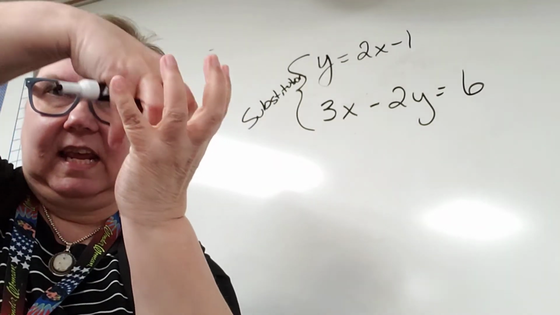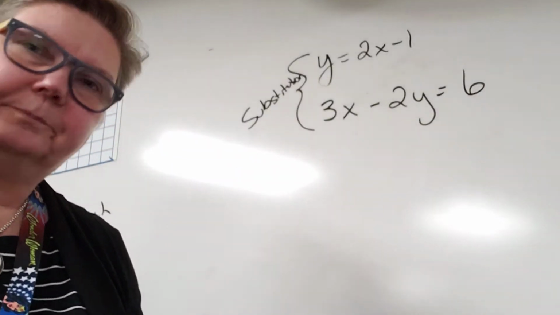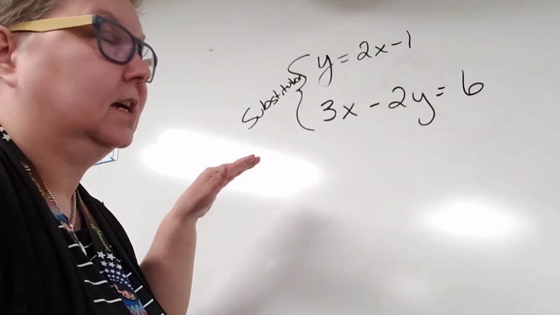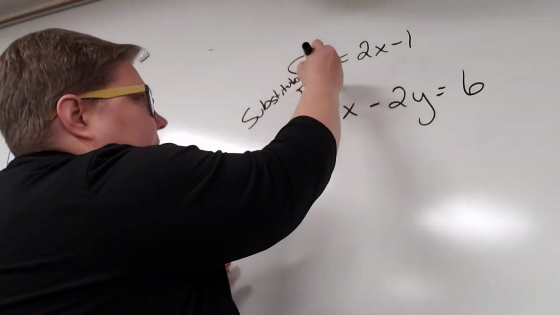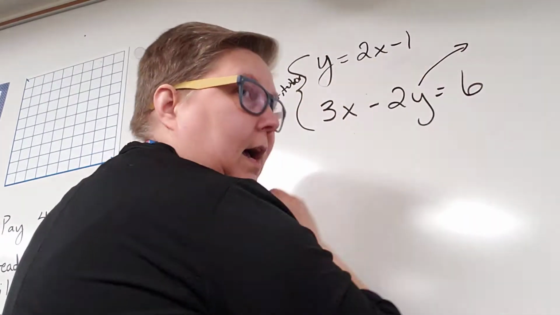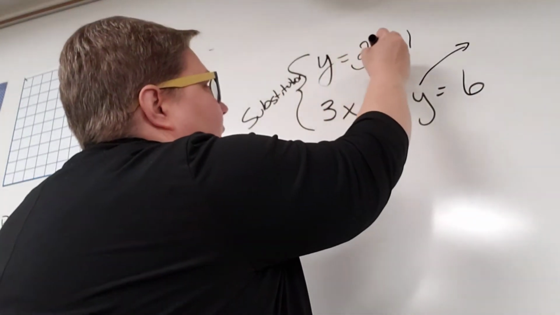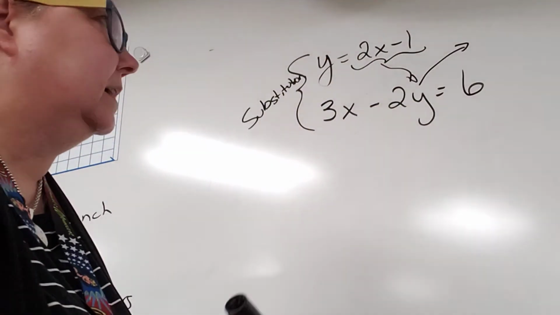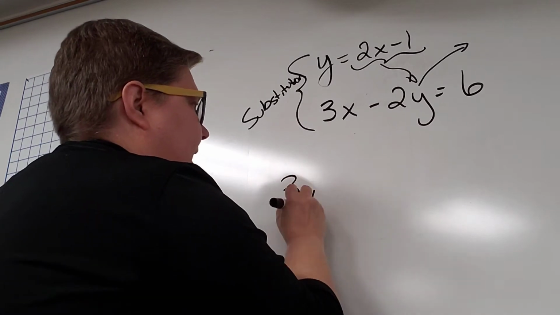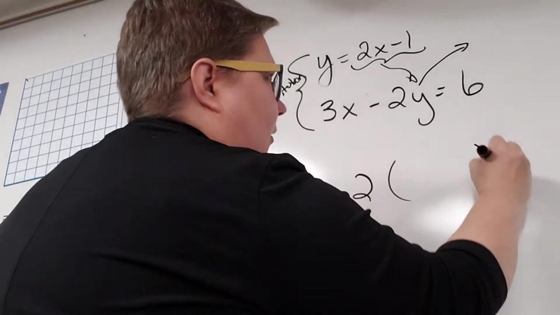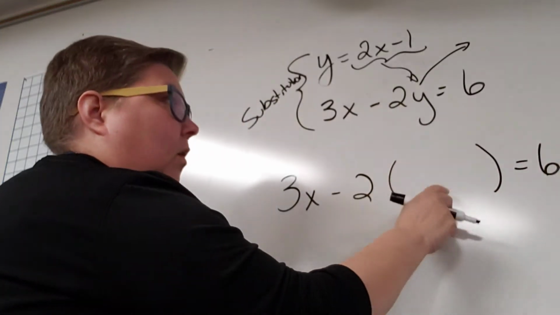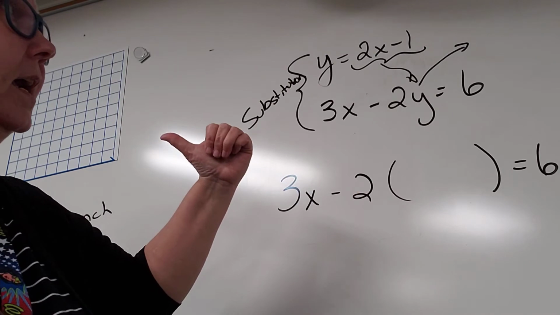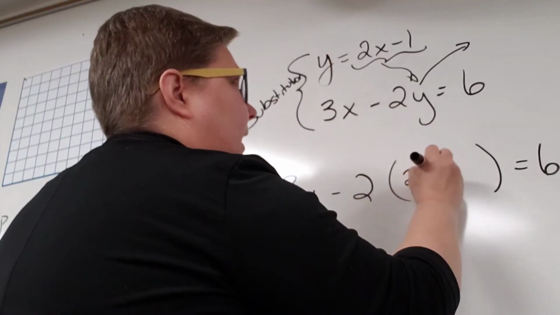So you're basically nesting the two equations together. When I look at this bottom equation, since I have y equals, I'm going to get rid of that y, and I'm going to put what y is equal to in its place. So basically I'm taking 3x minus 2y equals 6, pulling out the y and putting in 2x minus 1.